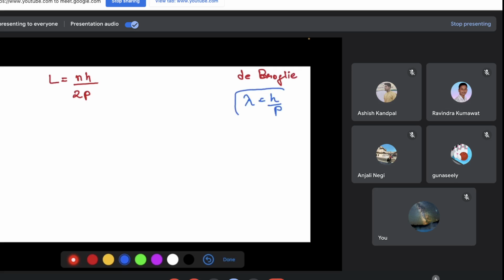This is the de Broglie wavelength. Correct? So my L will become n lambda upon 2.